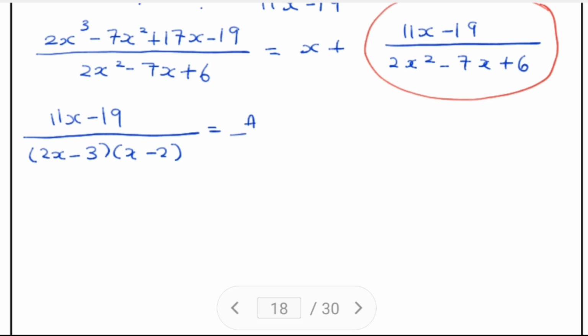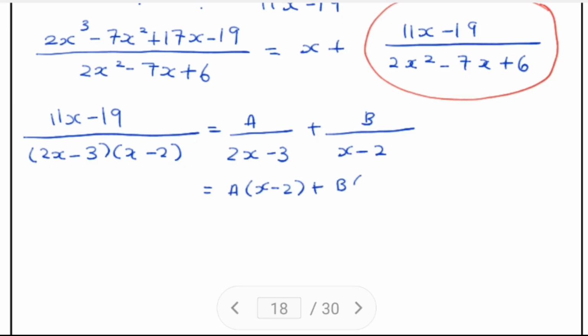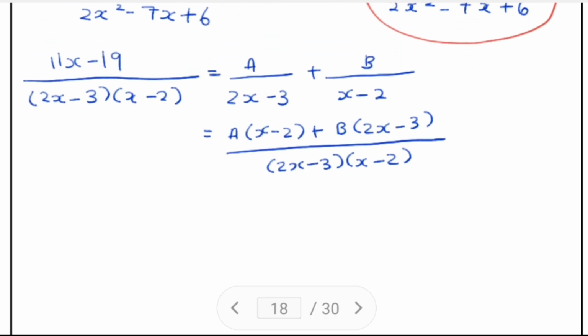We're going to have A over 2x minus 3 and B over x minus 2. Equalize the denominator. We're going to have A times x minus 2 plus B times 2x minus 3 over 2x minus 3 and x minus 2. By just considering the numerator, we have 11x minus 19 equals A times x minus 2 plus B times 2x minus 3.